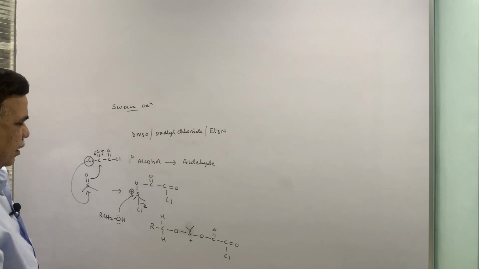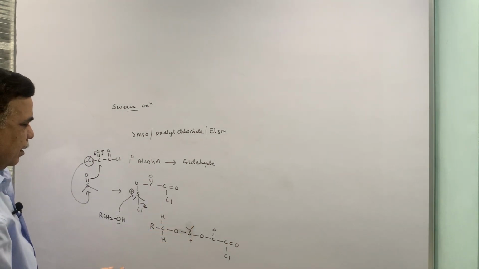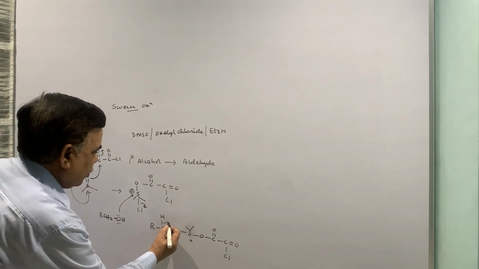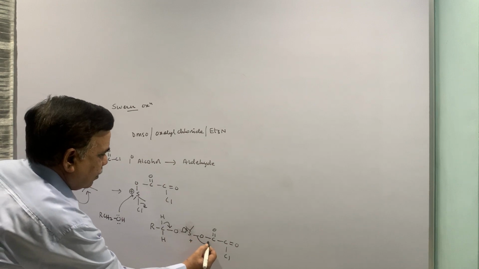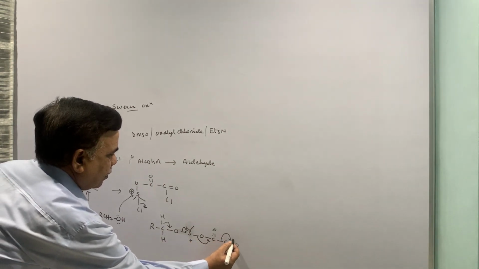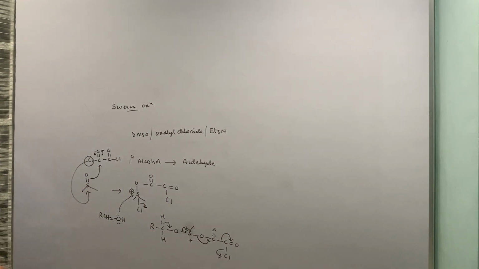Then base can abstract a proton from here, or directly you can show this. In one shot also you can show. The intermediate steps also will show. Once again we will revise with some examples.